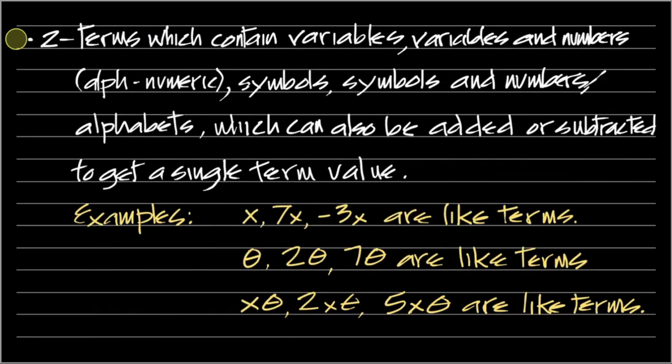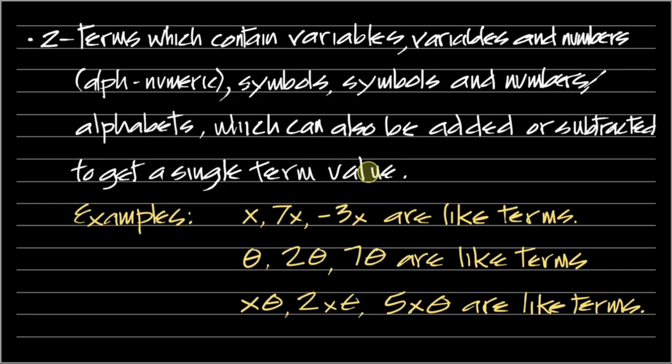Number 2. Like terms are terms which contain variables. Variables are symbols, numbers or alphabets, which can also be added or subtracted to get a single term value.